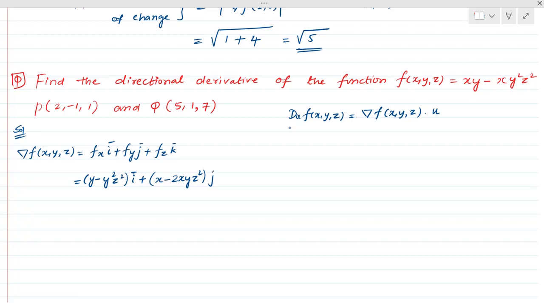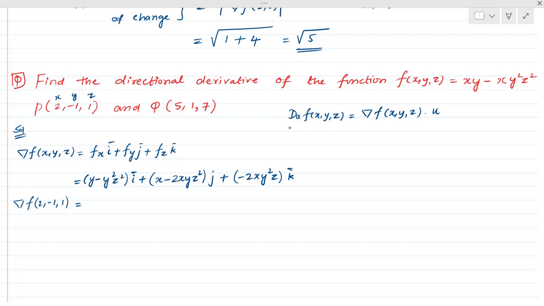Next, for z, there is no first term, so it is the second term, 2xy squared z, k. Now I have to substitute the initial point P, that is, the gradient of f at the point 2 comma minus 1 comma 1.